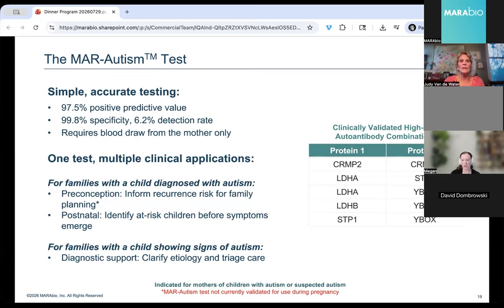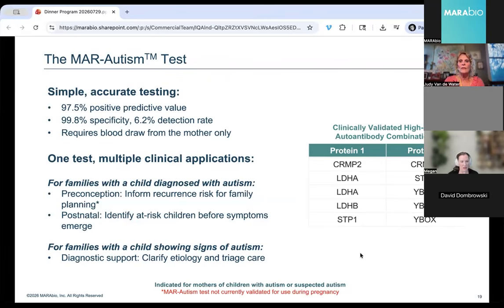And this could help triage care depending upon how your different clinical care pathways work. This could help triage care for those patients who may be stuck on long wait lists waiting for that diagnosis, and could help clarify that etiology ahead of time.